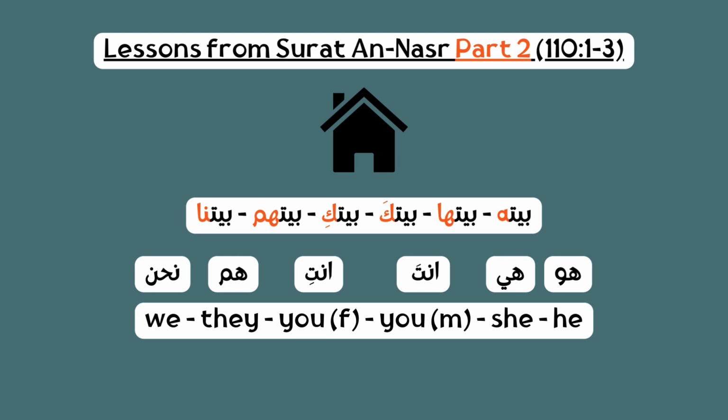Huwa is he; baitiha, she; baituka, baitak is for a male, talking directly one to one; baituki, baitik is a lady; baithum comes from hum, they, their house; baitna comes from nahnu, which is our house. This is just to give you the spin on how prefixes and suffixes are used, even in nouns, to denote objects, subjects, and also possessives.